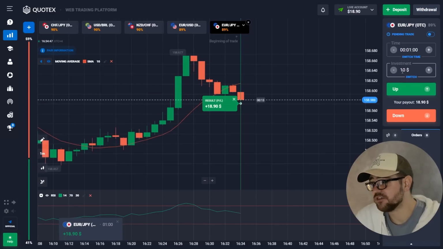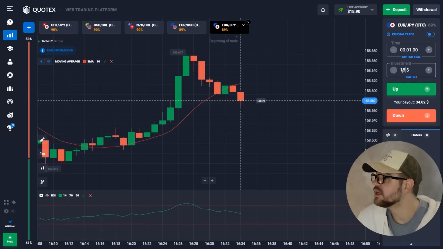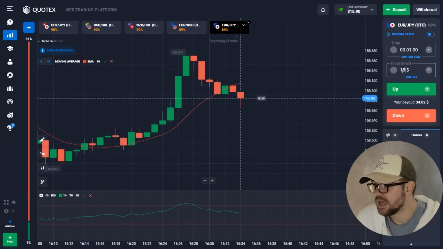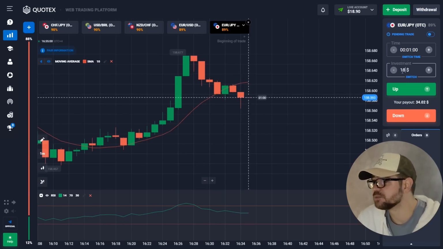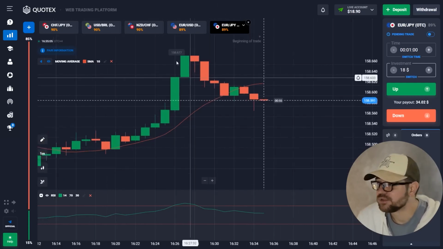Here is our first profit, $18.90, and we're gonna go ahead and hurry up for the next option, as we're going to use the entirety of our balance at this point, $18, because that's how the compound percentage works.